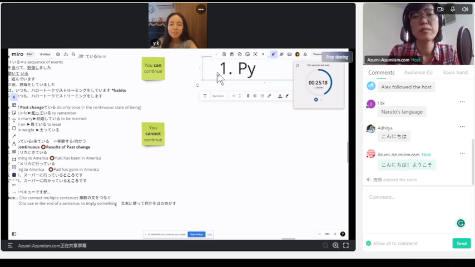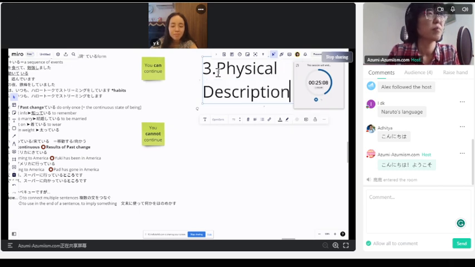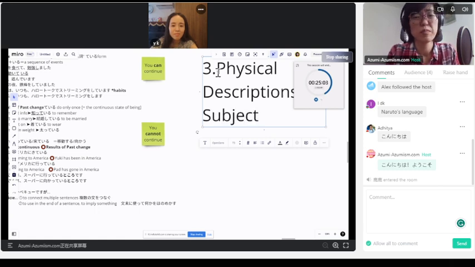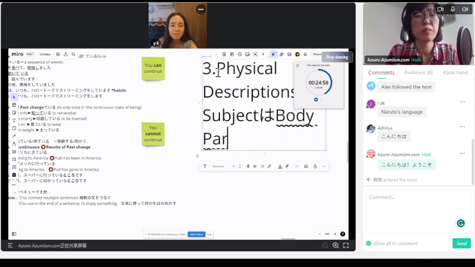Now, Genki presents this in a way, the main thing that they're pointing out in this section of the lesson, is that for most people it would be natural to say Andy's head is big. So, Andy no atama ga ookii is what I think most people would naturally say in English, or Andy no atama wa ookii.